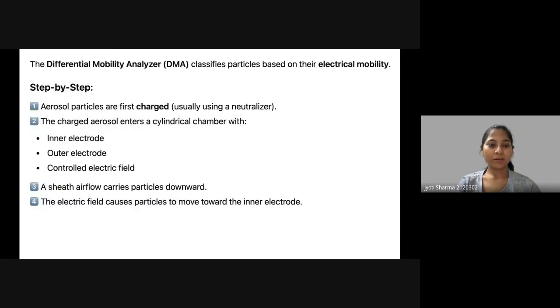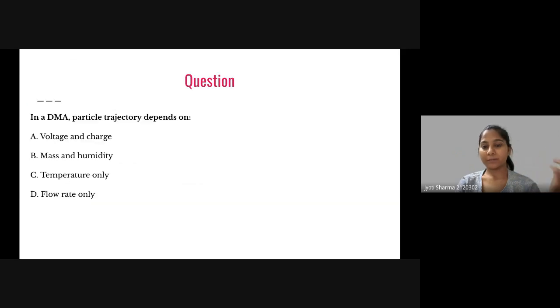Here you can read, we first charge our particles, and then they move to a chamber that has an inner and an outer electrode, and in the electric field they move toward an electrode, and the movement will be detected, and based on that we can detect the size of the particulate matter. So in a DMA, particle trajectory depends on voltage and charge, mass and humidity, temperature only, flow rate only.